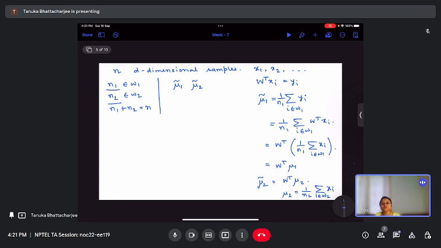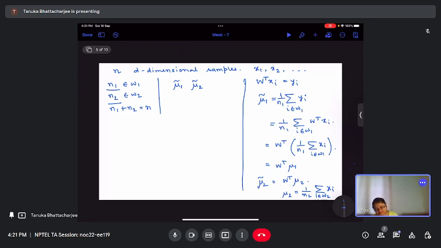Now, originally we were trying to capture the between class scatter. Right? Between class scatter, we said that we will capture in terms of the difference in the means of the two classes in the projected space.